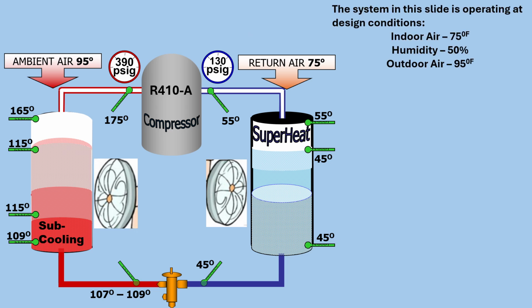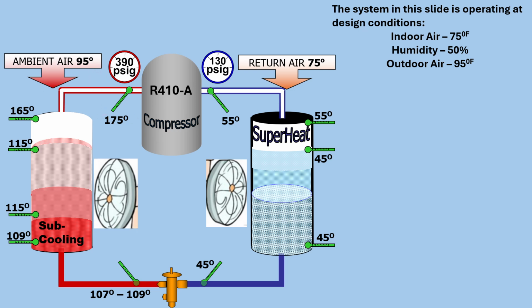The system in this slide is operating at design conditions, which is your AHRI design conditions of indoor air of 75 degrees return air, humidity 50%, and our outdoor air is 95.